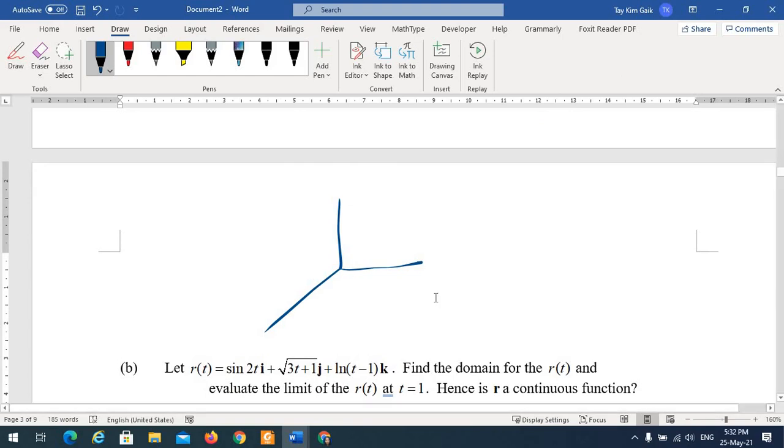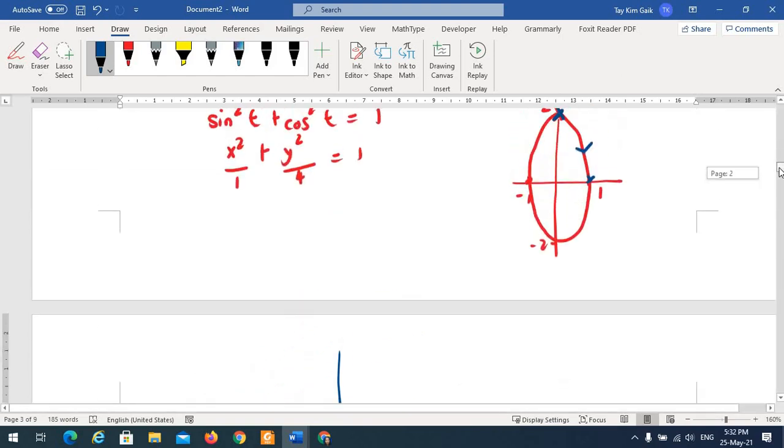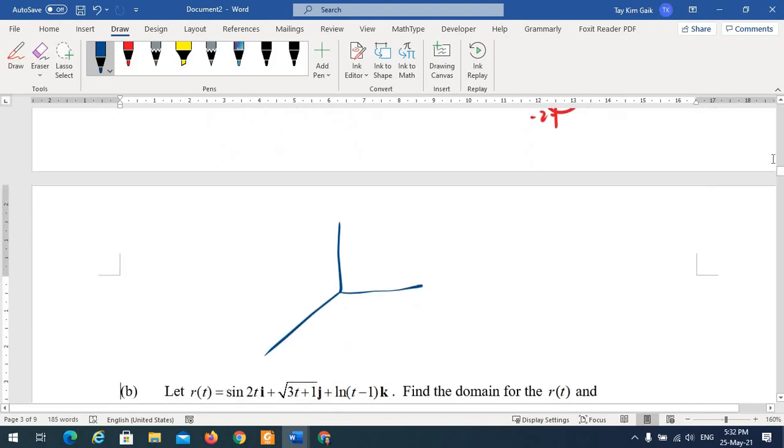Let's see, x, y, z axes. Raise up the ellipse. Let's say x, 1 here, negative 1 here, y longer, 2 here, negative 2.